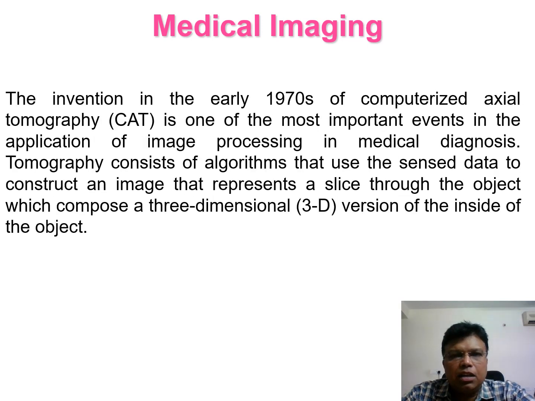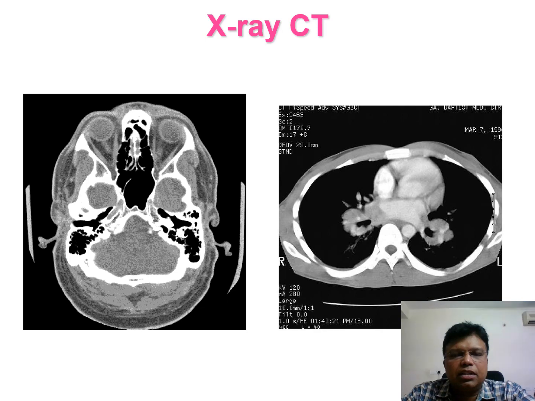The invention in the early 1970s of computerized axial tomography, otherwise known as CAT, is one of the most important events in the application of image processing in medical diagnosis. Today, CAT plays a very important role in the medical field. Here is an example of CAT, where you can see an X-ray CT.